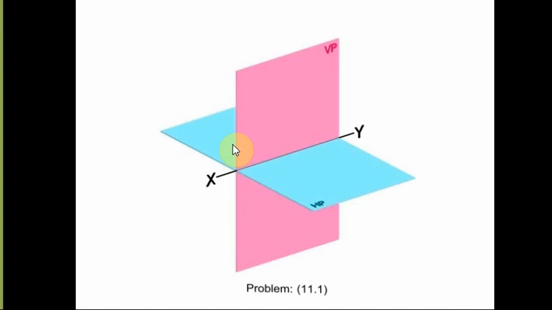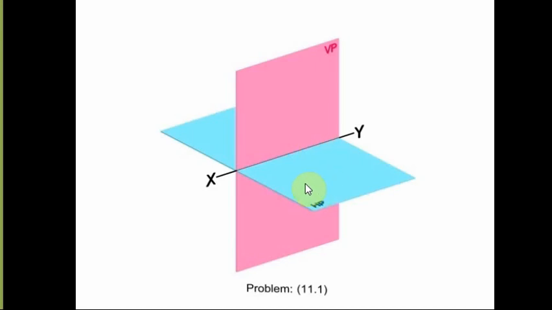We extend this vertical y axis to a plane called the vertical plane, and the intersection of the horizontal plane and vertical plane will be a line denoted by xy. After that we will keep an object either here or here based on the description given in the problem.